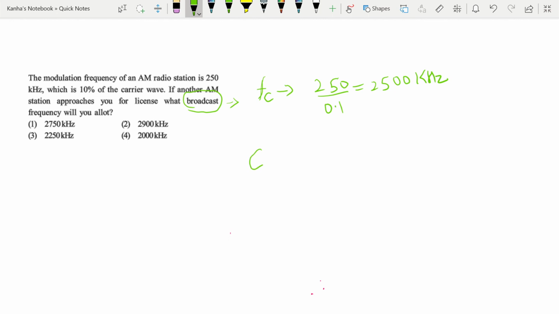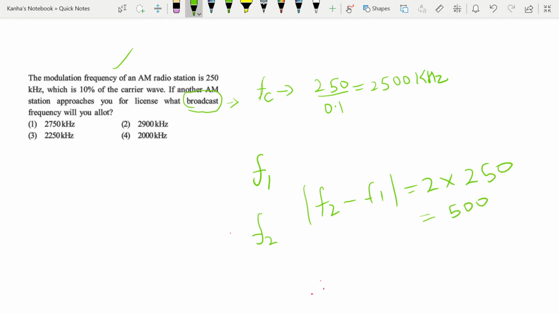Now let me say that this is my frequency number 1, F1 of the carrier wave 1. Similarly, I need to find the frequency of another carrier wave 2. Now to do this, the difference between these two should be at least 2 times the modulation frequency of the signal, which is 2 times 250, which is 500.